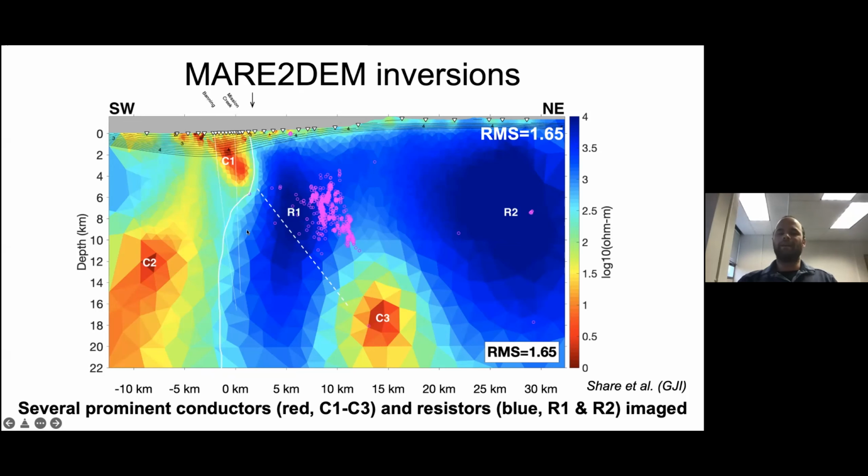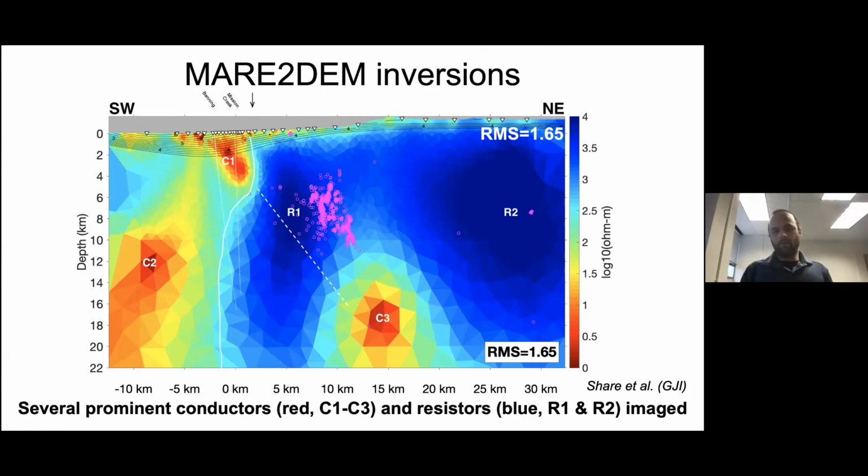And as I noted in that previous slide, what we have, which is a very robust and very key feature in this model, is this contrast between something moderately conductive and something very resistive that extends pretty vertically down from the location of the arrow all the way down to where we start losing resolution in this model space.